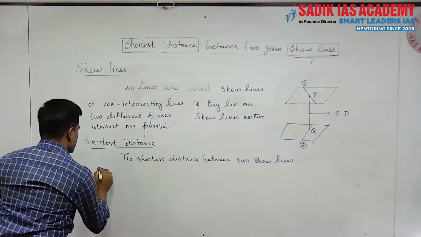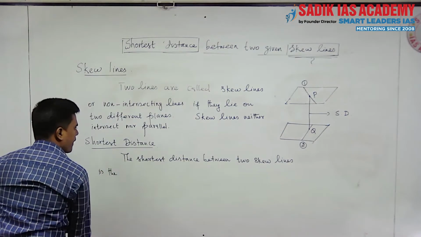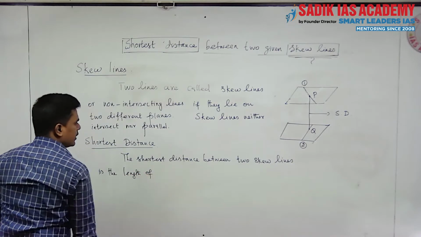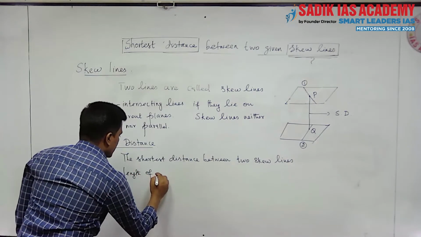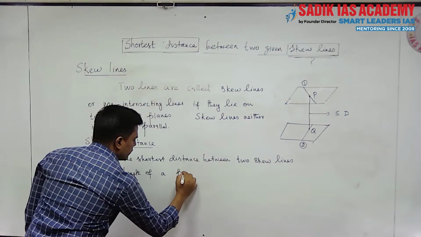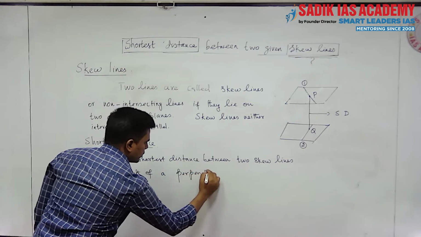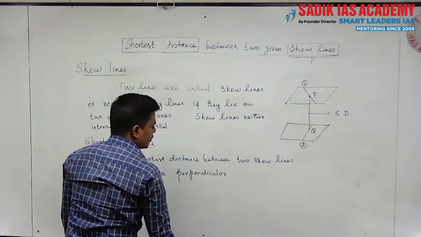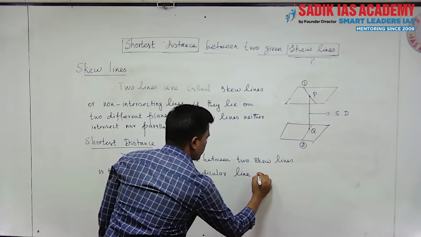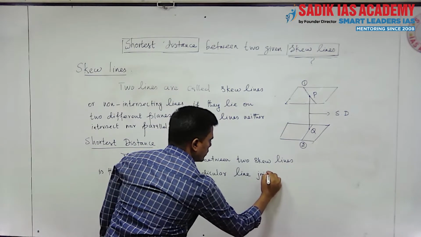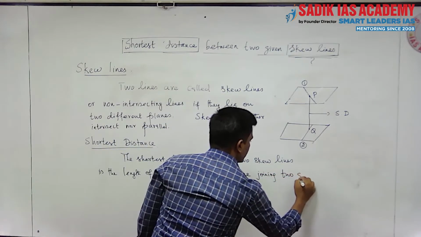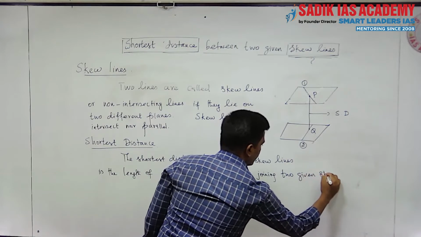is the length of a perpendicular line joining two given skew lines.